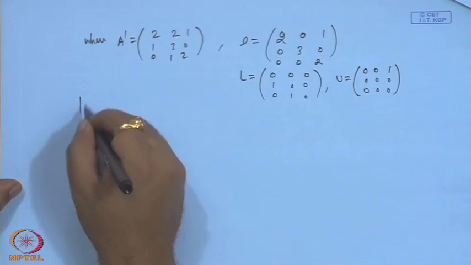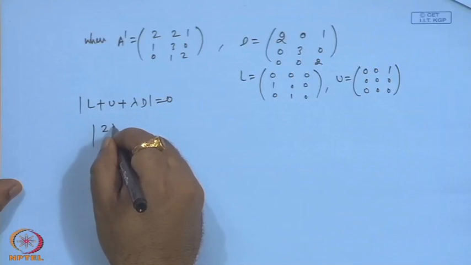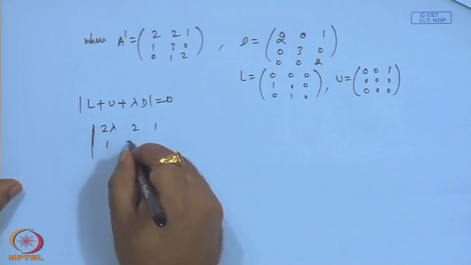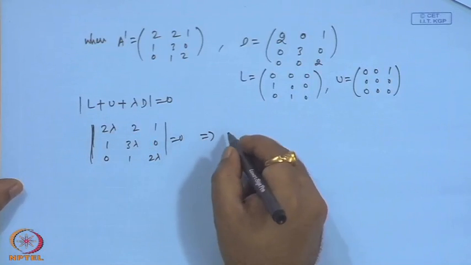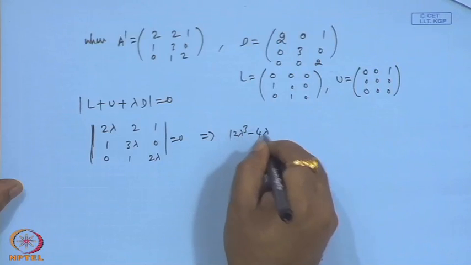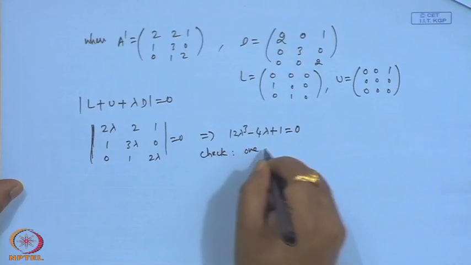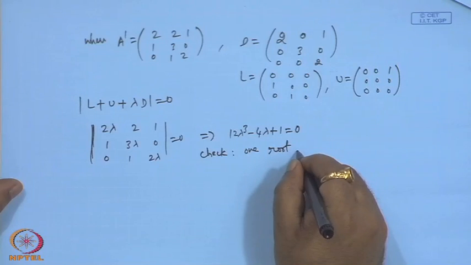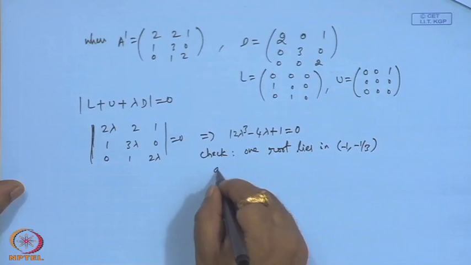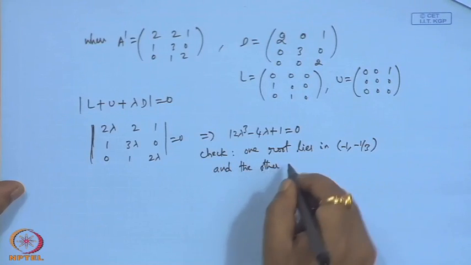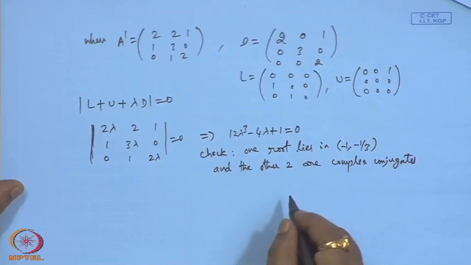Now in this case, if we solve this, please check that one root lies in the unit circle, and the other two are complex conjugates.